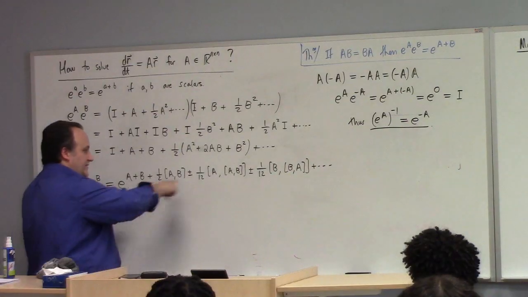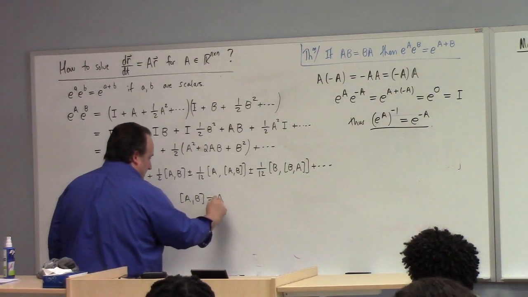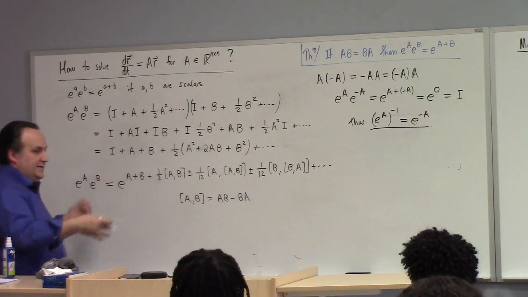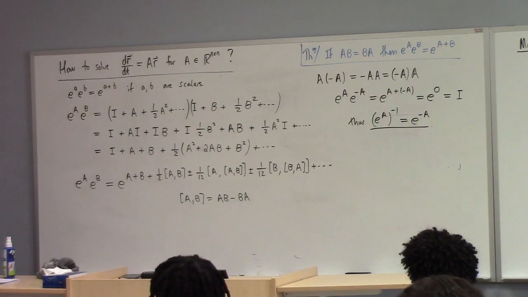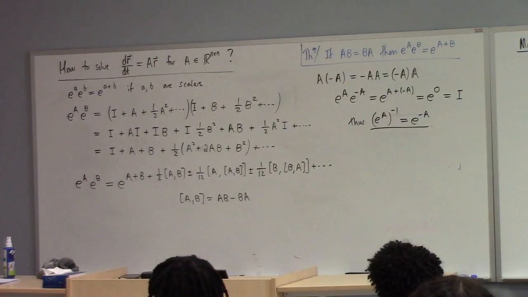But these are nested commutators. Like here, the commutator of a and b is by definition ab minus ba. This particular construction appears all throughout quantum mechanics. In quantum mechanics, we look at the commutator of two operators. Operators act on physical states. The eigenvalues of the operator are the observables.